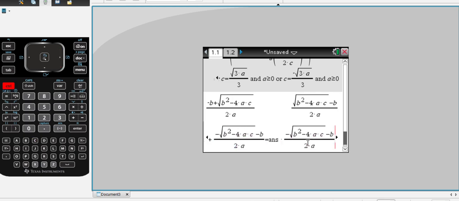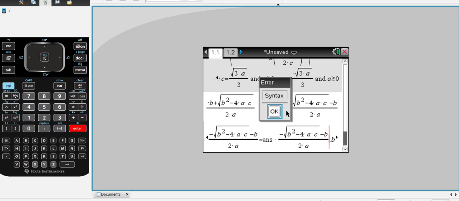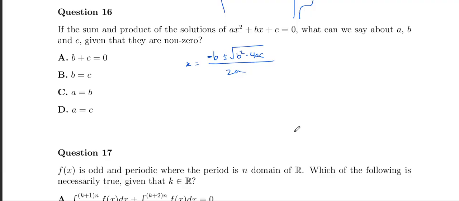And I'm going to solve for b. The heck? Oh, that's not a color. So b is equal to negative c, which is the exact same as a. B plus c equals 0.